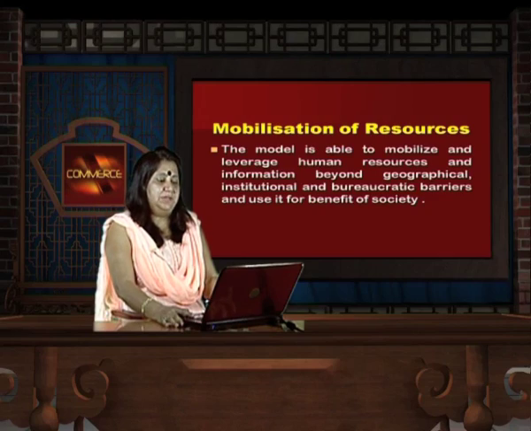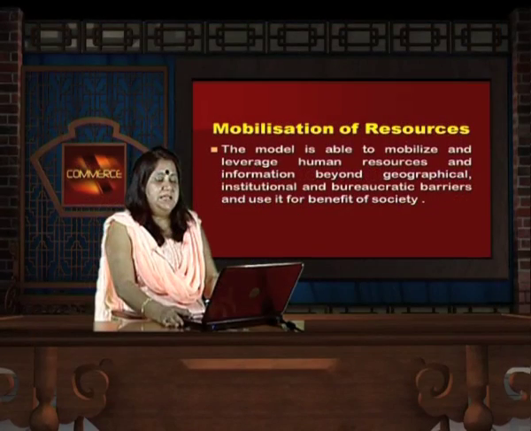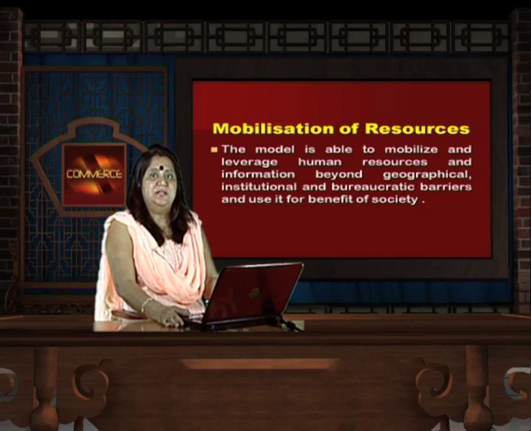This model is able to mobilize and leverage human resources and information beyond geographical, institutional and bureaucratic barriers and use it for the benefit of society. See, even if the government domain is not able to do goodness for the society, you have private domains who are giving solutions to the people to solve the problems.